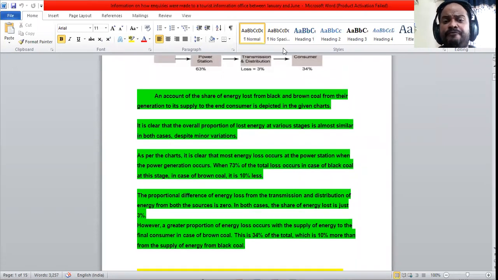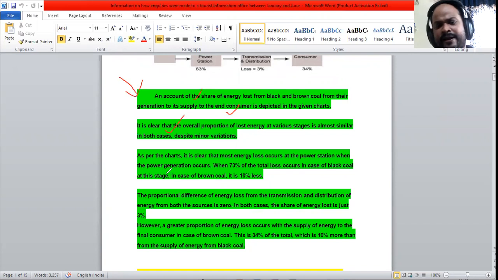So overall, if you see how is the grouping of the paragraphs. In the introduction, I have said what is the picture and what is it about. In the overview, I have said what is the summary of the picture.